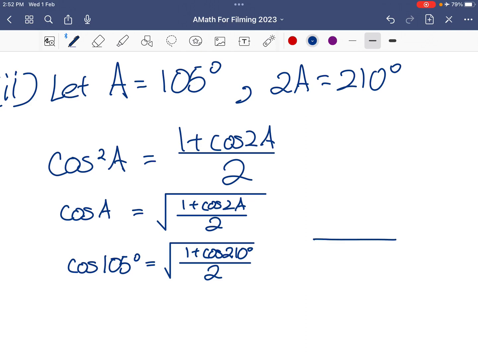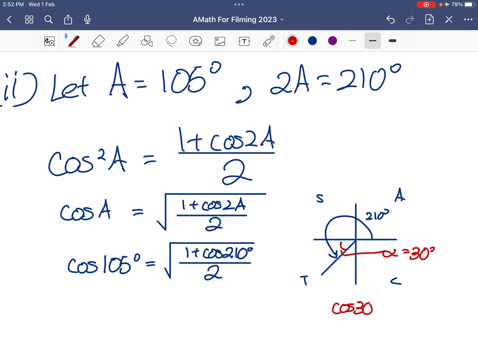Then I'm going to start with this cosine of 210. Where is this 210? I draw a diagram for you to see. 90, 180, 210 is here. So A, S, T, C. This is 210. If you remember, the principal angle alpha will be equal to 30 degrees. So what is cosine of 30 degrees?